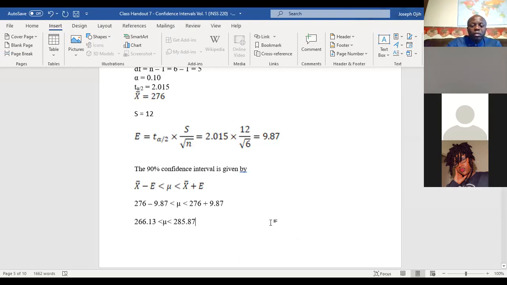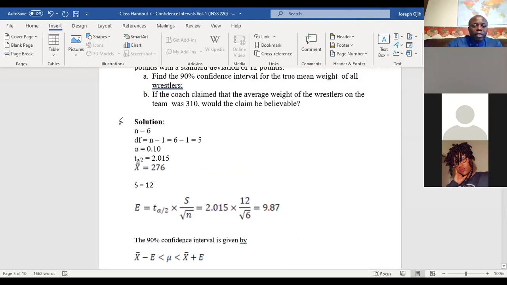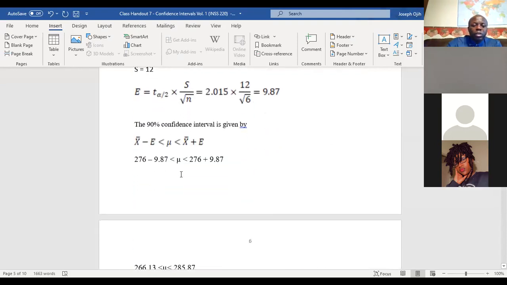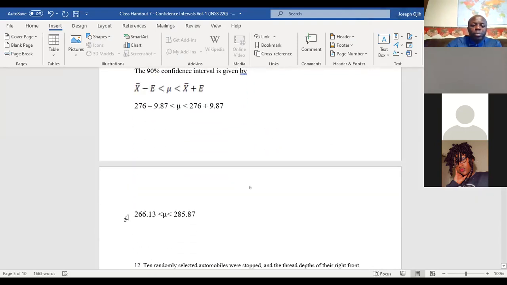Remember, this is part A. So this is the confidence interval between 266.13 pounds and 285.87 pounds. So let's conclude.